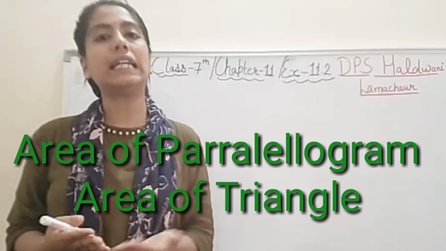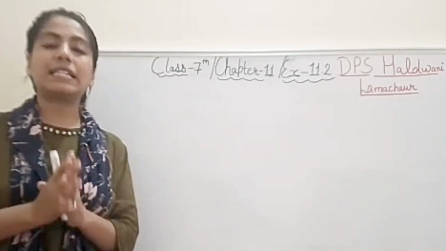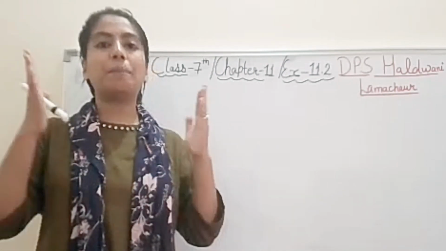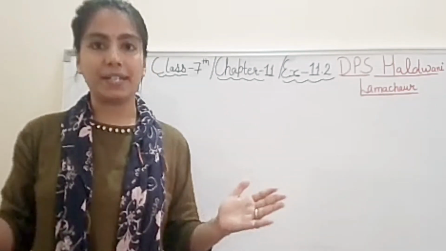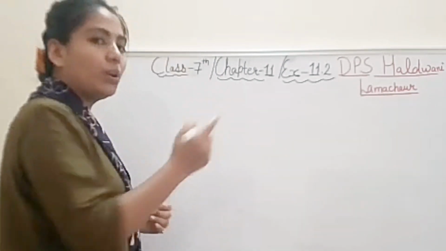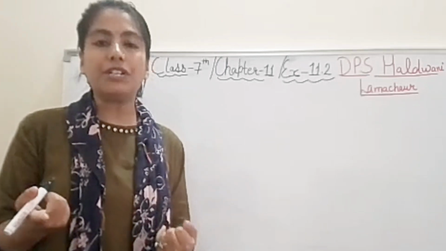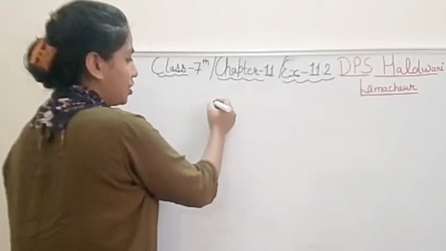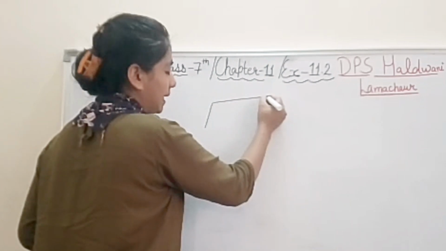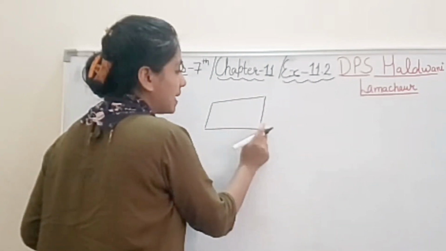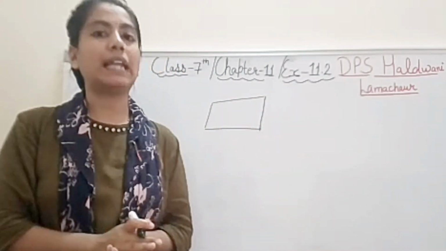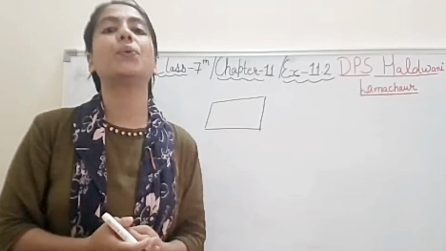Before starting the exercise questions, let's take an introduction to the parallelogram and the triangle. As you know, a parallelogram is also a quadrilateral having four sides, but the shape is a little bit like this. In this, opposite sides are parallel to each other. That is why it is called a parallelogram.